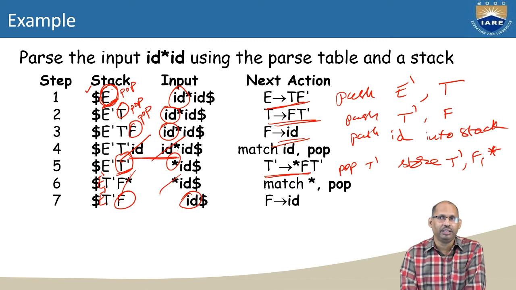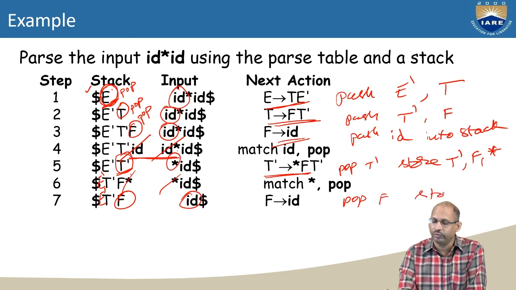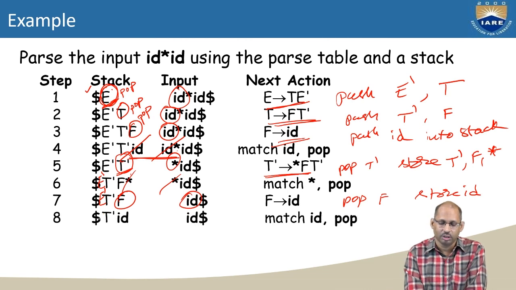This F and id will result in pop F, store id. So simply this id will be deleted.